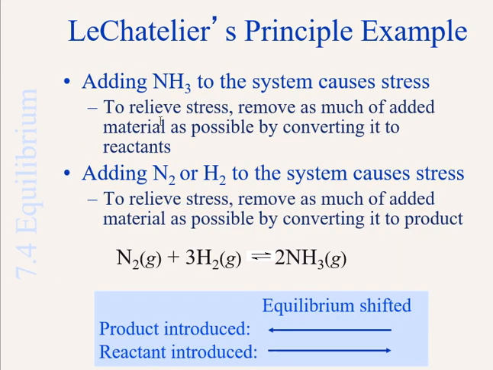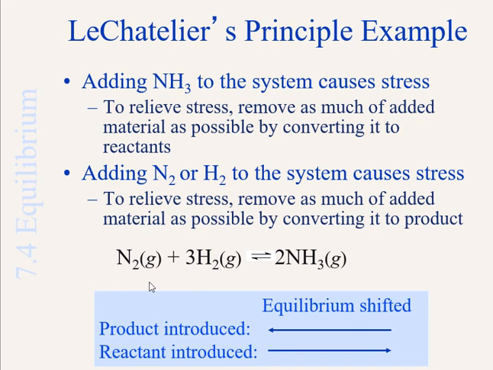So if you were to add ammonia to this reaction, it causes a stress to the system, and to relieve that stress, added ammonia as much as possible will be consumed so that we go back to our equilibrium value. Similarly, if nitrogen or hydrogen was added, it will be consumed.